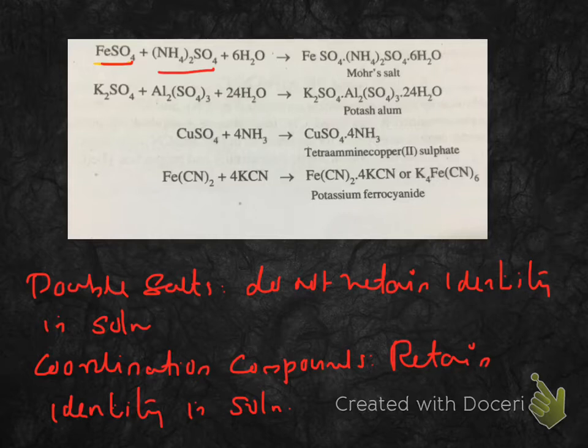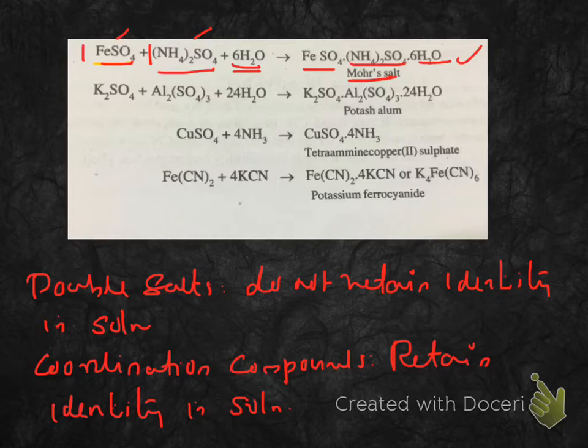When ferrous sulfate and ammonium sulfate are mixed in a 1:1 ratio in aqueous medium, they will form a salt, FeSO4·(NH4)2SO4·6H2O, that is Mohr's salt. It is an addition compound formed from ferrous sulfate and ammonium sulfate.